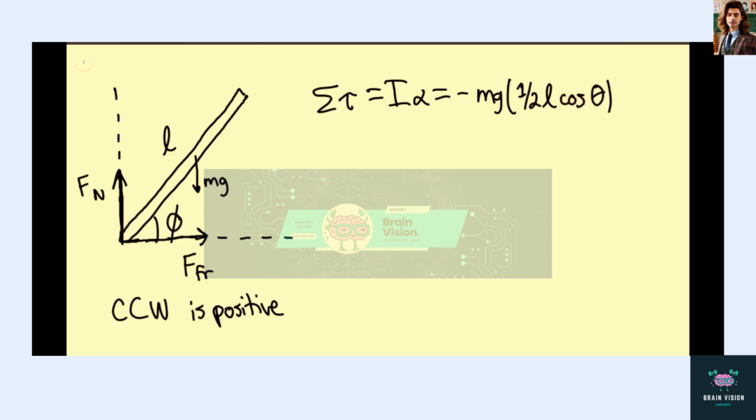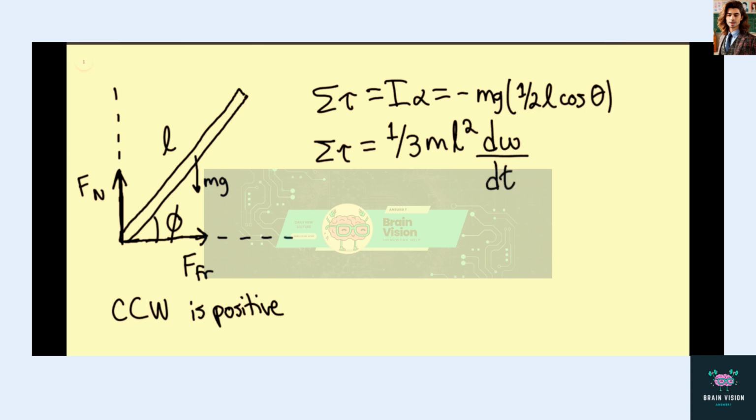And then we can simply solve and say that the net torque would be equal to 1/3 times mL squared times the angular acceleration, which would be the derivative of the angular velocity with respect to time.